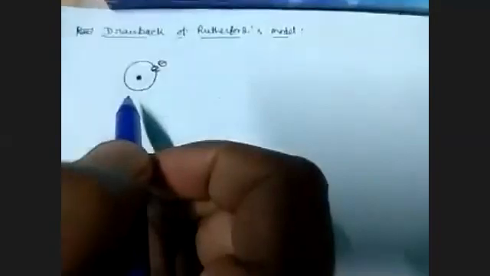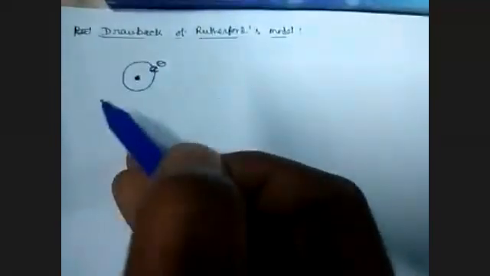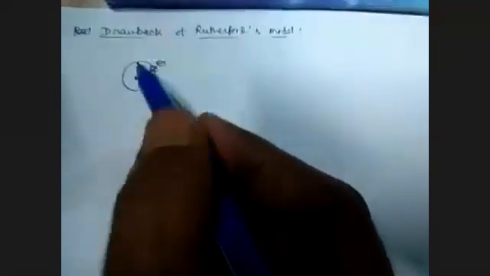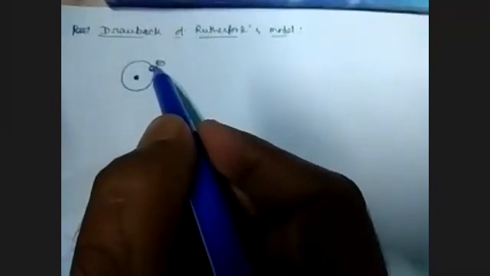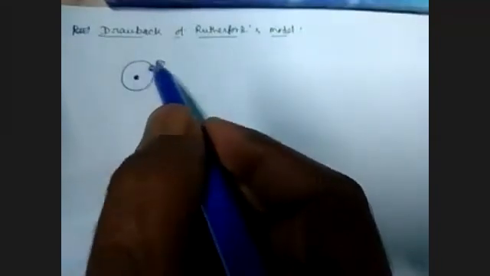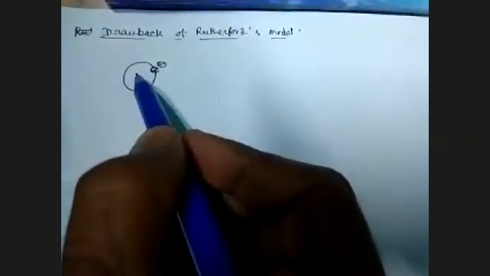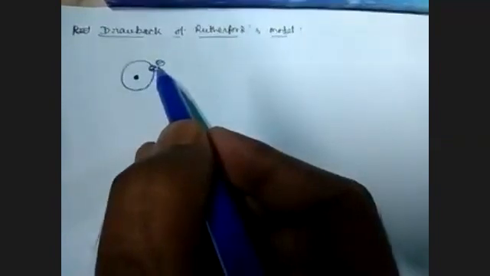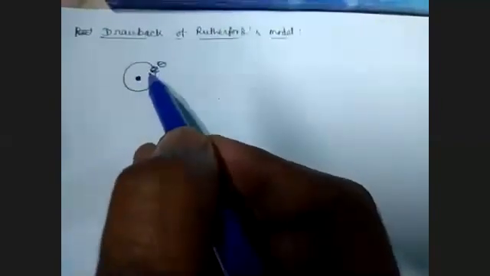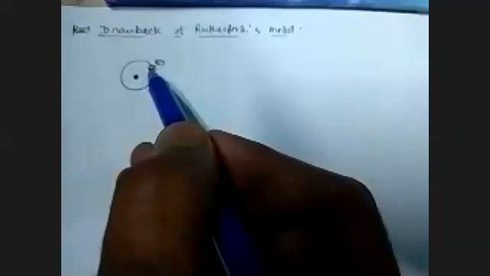Electrons are not stationary; they are movable, and they move in a circular path. And the electron is balanced here by the electrostatic force of attraction, because the nucleus is positive and the electron is negative, so they attract each other.